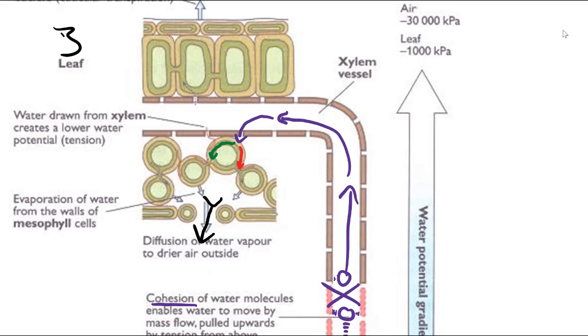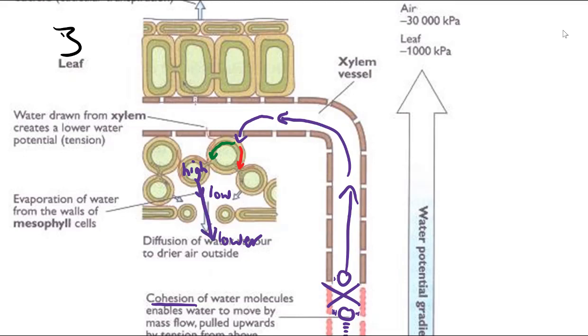When the water reaches here, it will evaporate from the cell surface membranes of the mesophyll cells into the stomatal chamber, because there's a water potential gradient where we have a high water potential there, low water potential there, and an even lower water potential out here. So it sets up a water potential gradient from here to here.